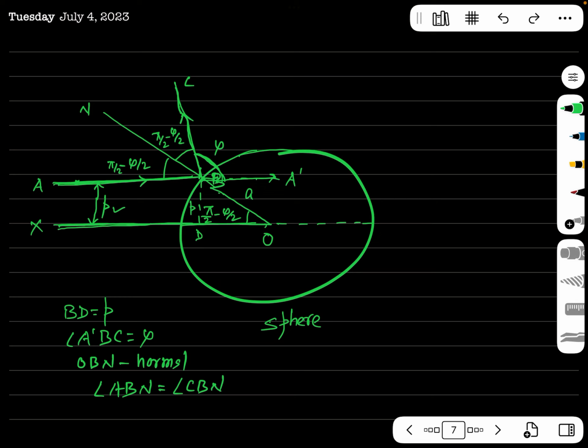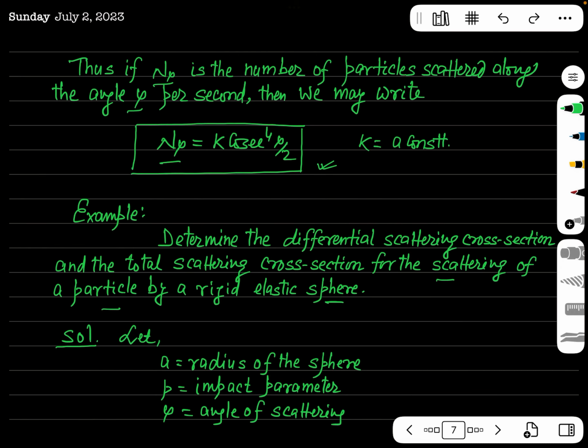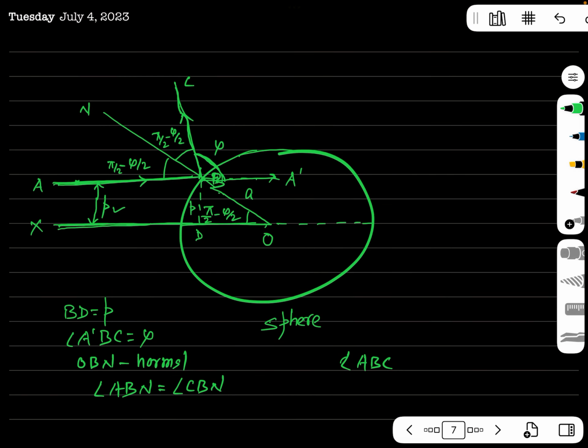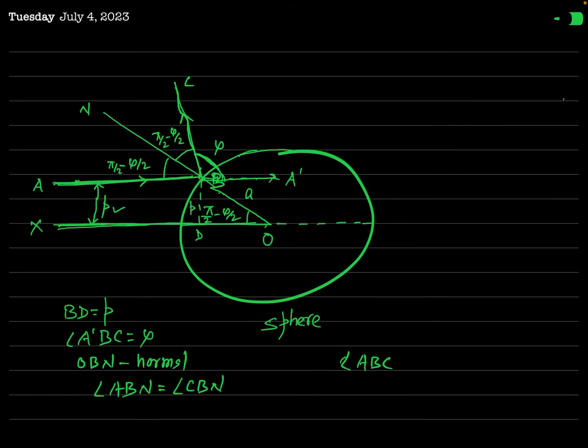Now again, see the figure. Angle ABC will be what? This is pi minus phi, because this total angle will be pi. So angle ABC will be pi minus phi.